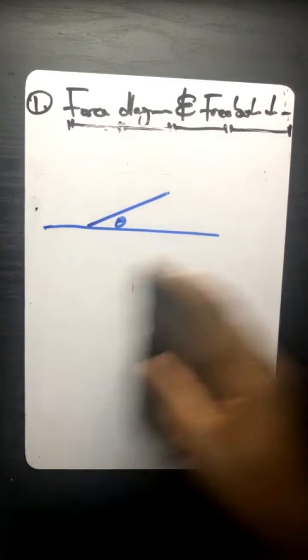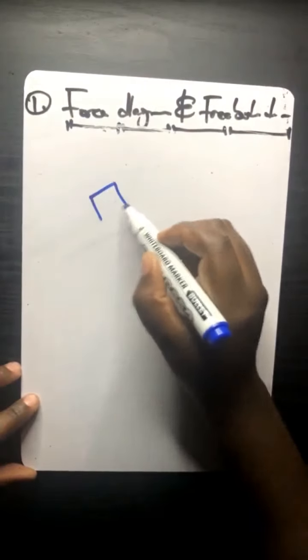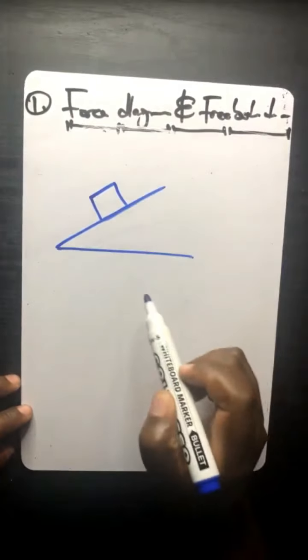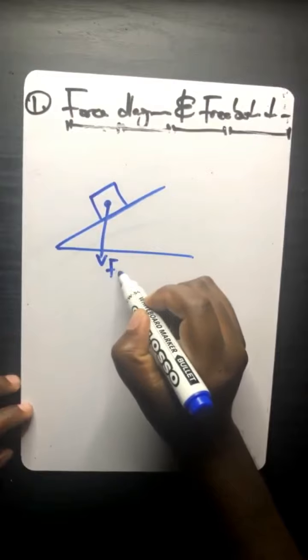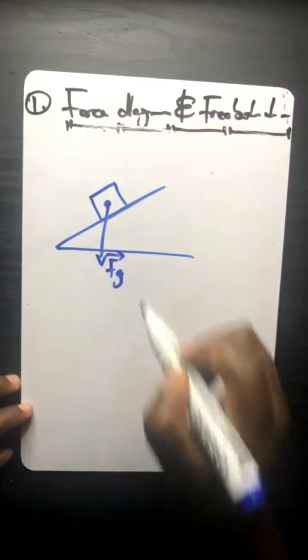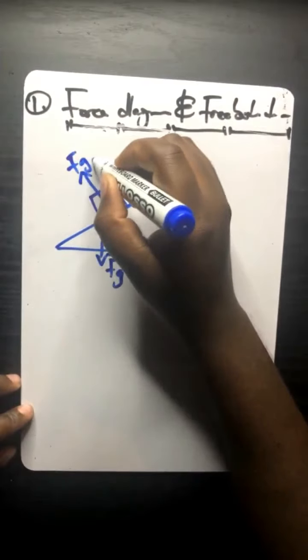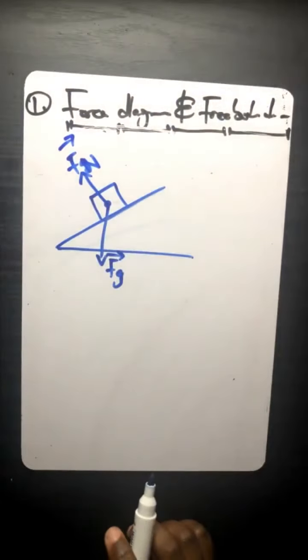Let me actually do this and draw that, which is there and there. Then I've got that, which is the FG vector, and then again I have that, which is F normal.